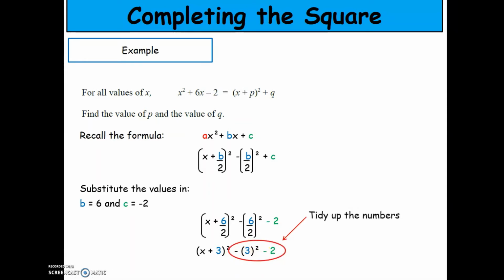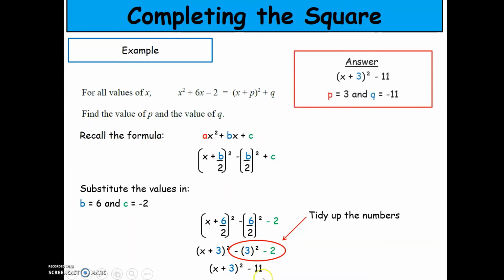Next, we are going to tidy up the numbers. Minus 3 squared is minus 9, minus 2. So this is going to become x plus 3, everything squared, minus 11.